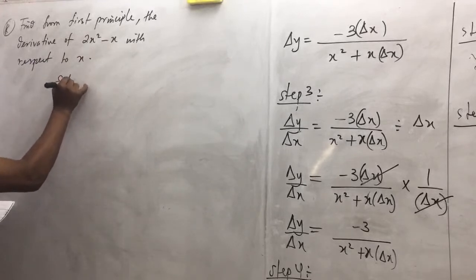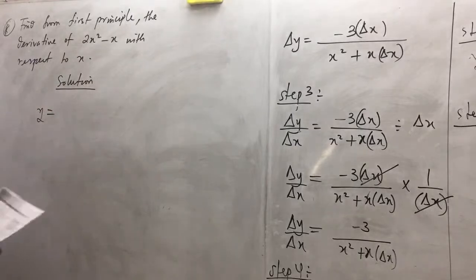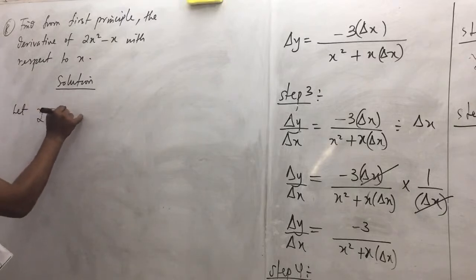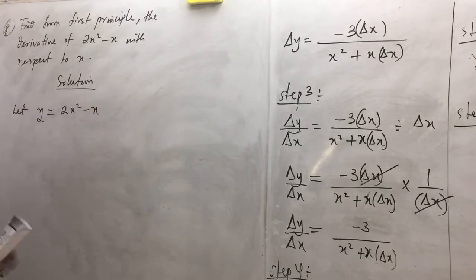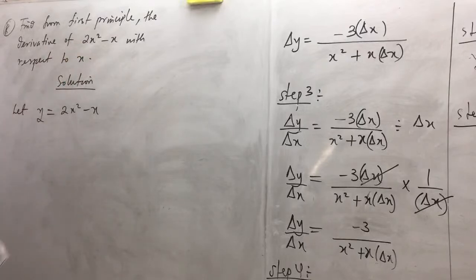So as a solution to this problem, what I'm going to do is simply to say, let y be equal to 2x squared minus x. Okay? So I've just called y a function that depends on x through this expression 2x squared minus x.